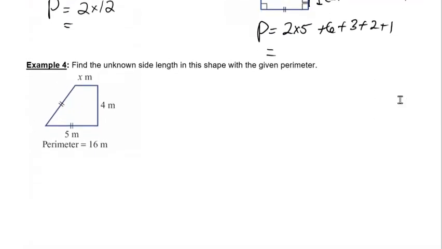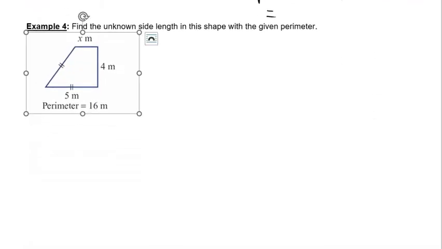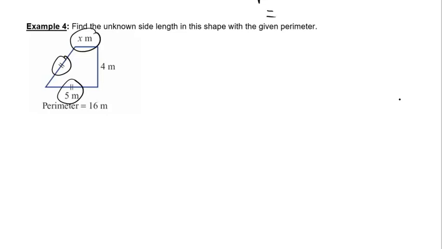The last one in this one is find the unknown side. So for this one, we're going to add the sides up. We know that we have two sides that are the same, and we don't know what x is. So using our algebra, our perimeter is going to be equal to all those sides added up. We know the perimeter is 16, so that's going to be equal to 2 sets of 5, because we have two sides that are 5, plus 4, plus the unknown.